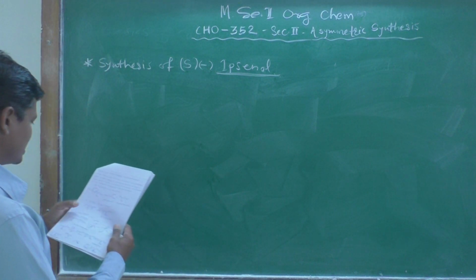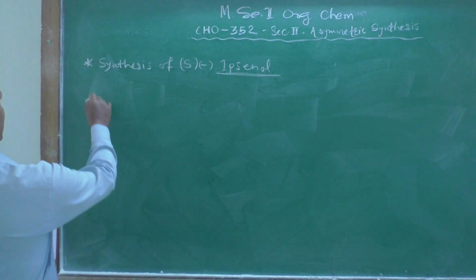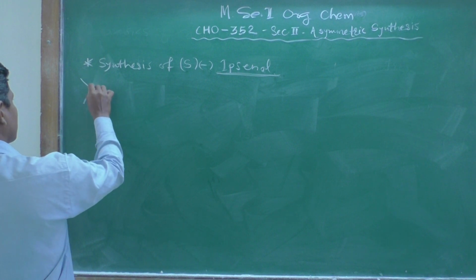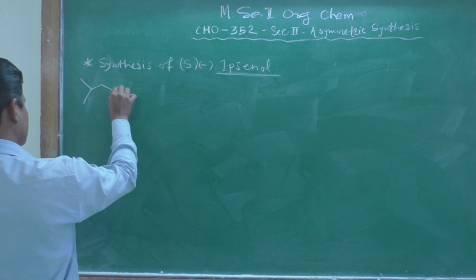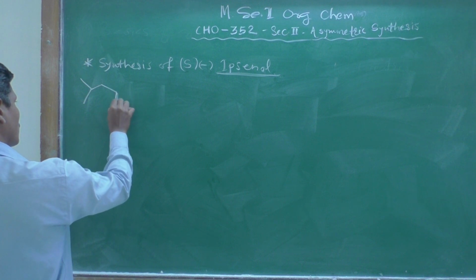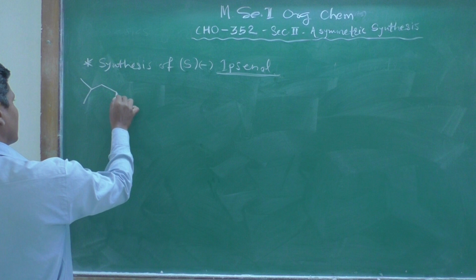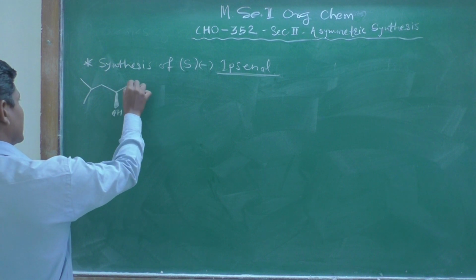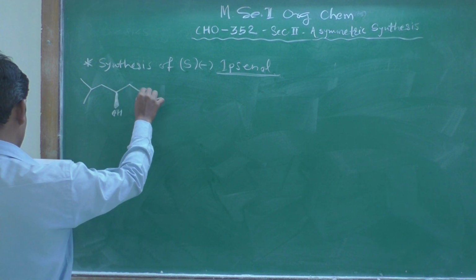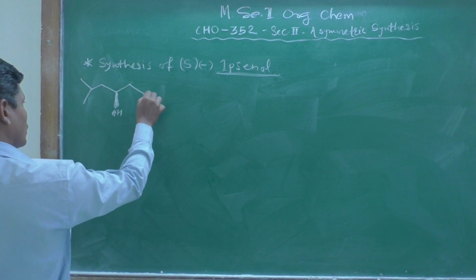Okay, so our strategy is, the structure of ipsenol is like this: CH2OH, so the hydroxy is beta, then CH2, and a diene is there.